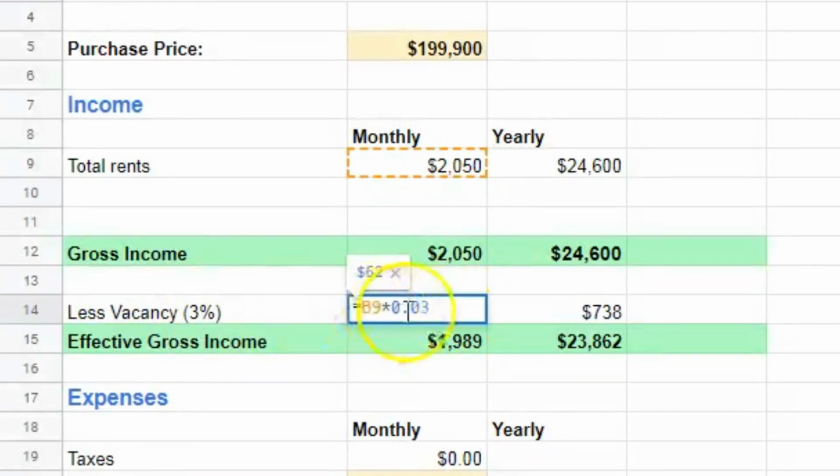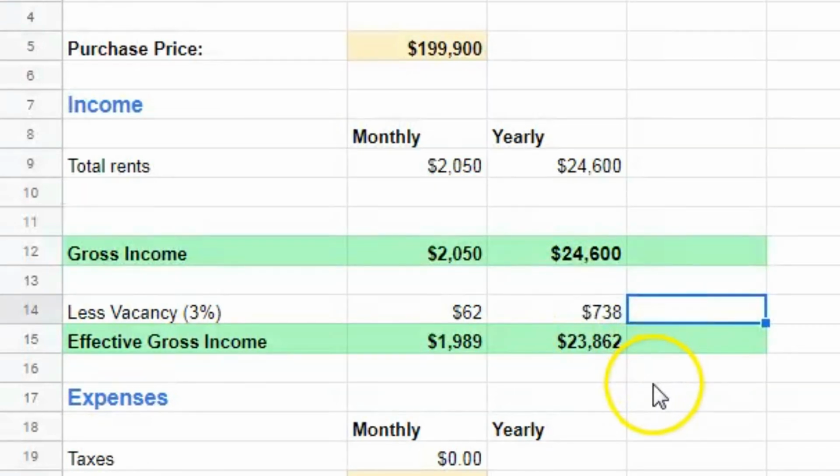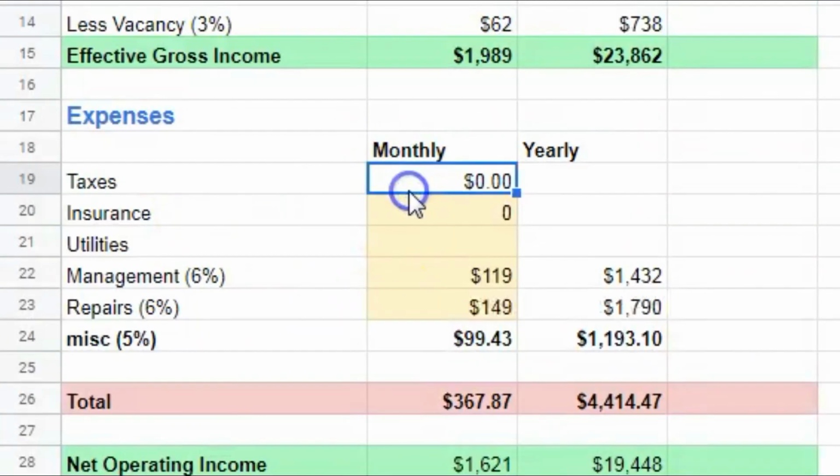So this one has done the calculations, 3% of the rent. So that is $62 per month, and yearly this is worth $738 per month. So effective gross income, which is gross income minus vacancy. So your gross effective income per month is 1989, and then taxes.